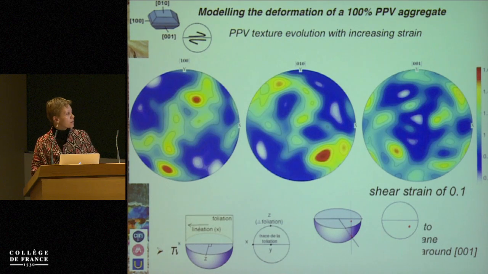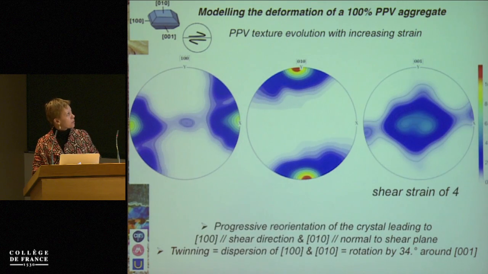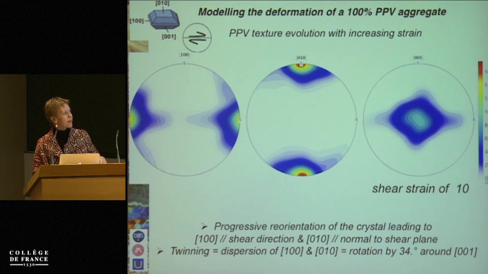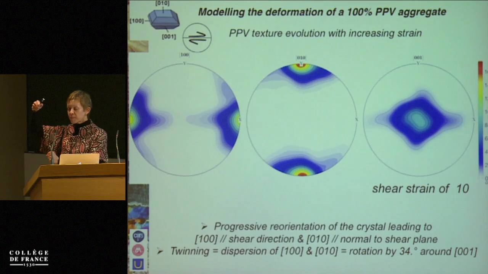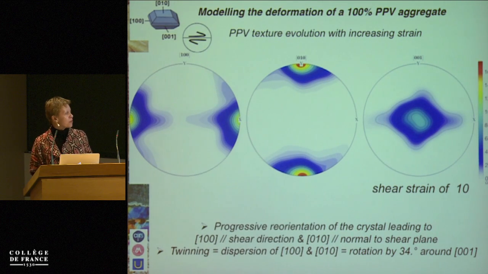If I start to deform, very quickly, at a shear strain of 1, I start to get a very clear texture. And if I continue to deform, the texture evolves, and it tends to stabilize at high shear strains. So a shear strain of 10 is a displacement of 10 times the thickness of the shear zone, so it starts to be a very strong deformation.